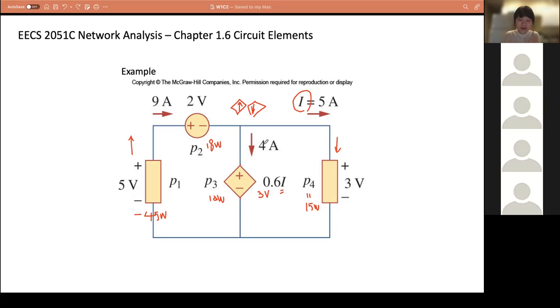That may not be your question, but I may explain that too. For the current dependent source or any dependent source, the value is dependent on another element, not necessarily on the current or the voltage across itself. I don't know whether you guys ever had an electric lab, but there is a device in the lab you can use to manually adjust the current.